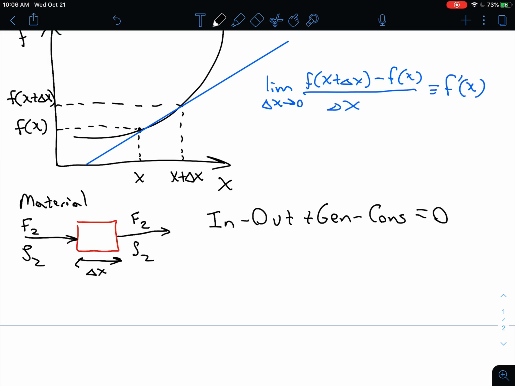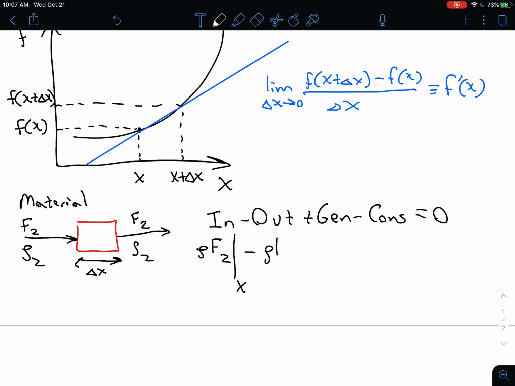If I say rho F2, and by the way, I probably need some sort of cross-sectional area because, remember, let's look at the units. This is volume per time. This is density, so if you take rho times F, you will get mass per unit time. And actually, I guess you don't need a cross-sectional area. Well, fine. So this occurs at x.